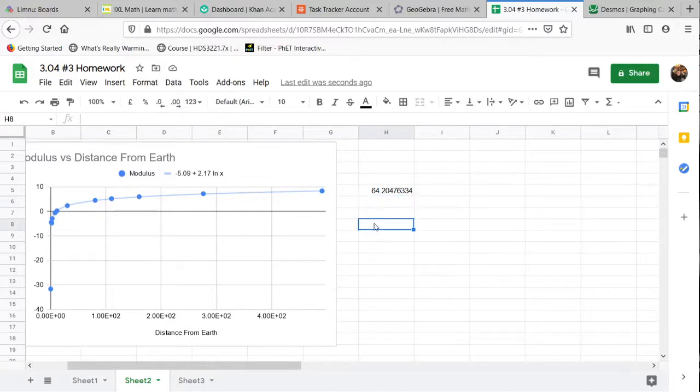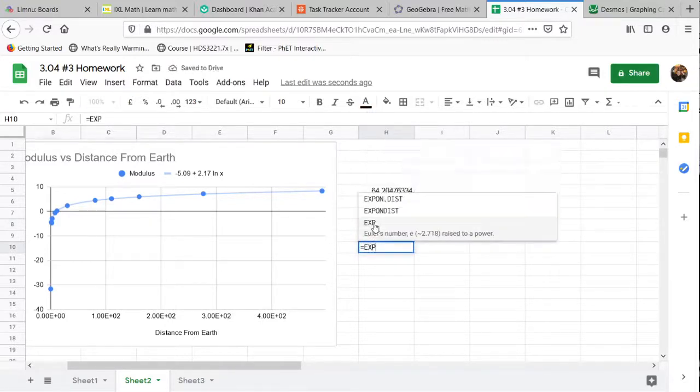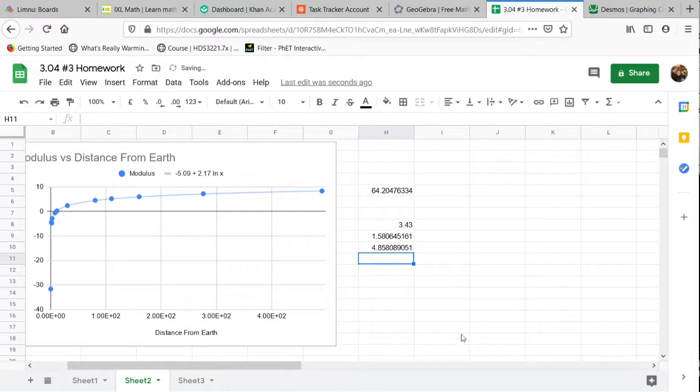So if we take our negative 1.66 and add 5.09 by bringing that across the equal sign, we divide it by 2.17, and then we take the exponential of that number. That gives us our distance.